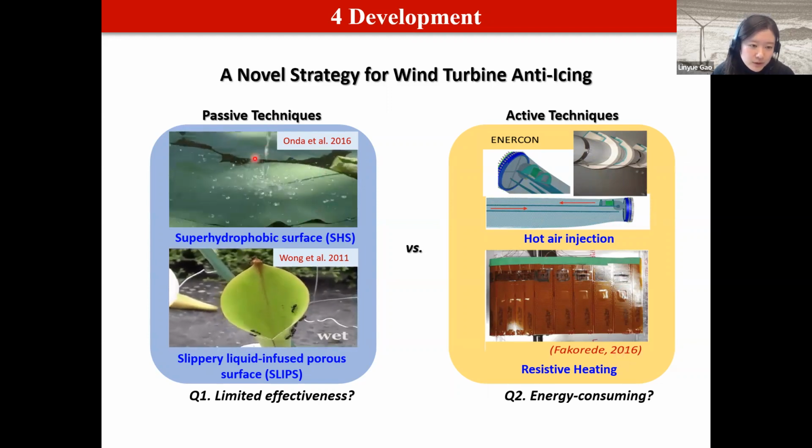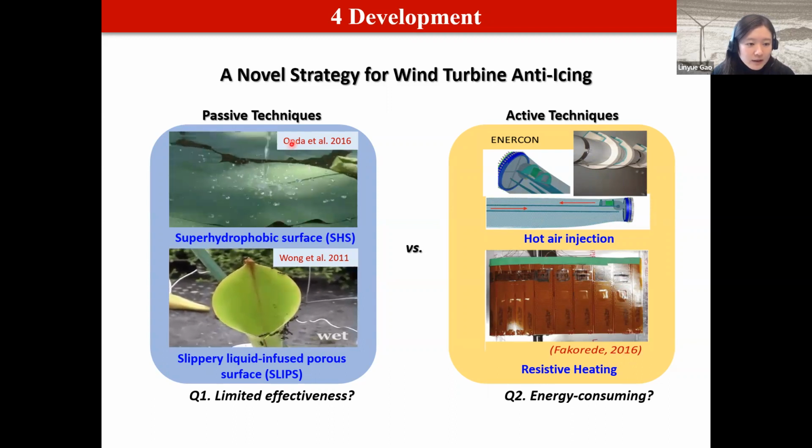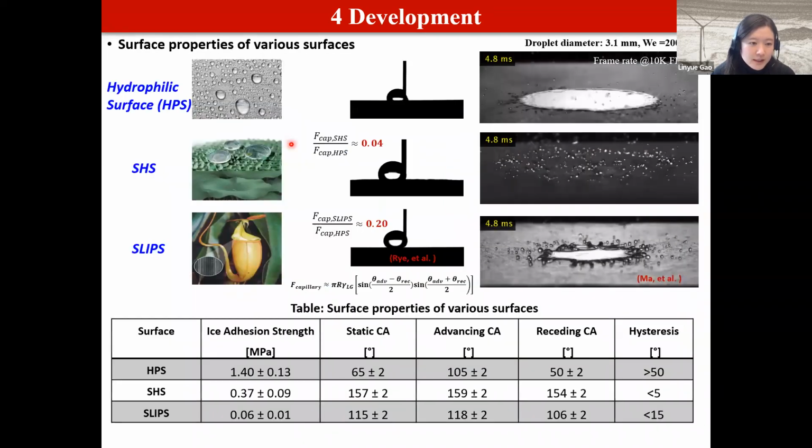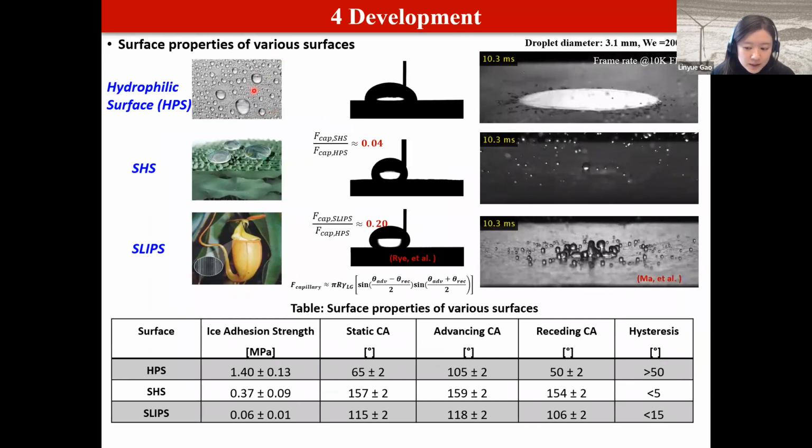So today I want to introduce you to passive techniques, especially based on coating methods. For traditional wind turbines, the surface is coated with a hydrophilic surface. So this one is the standard one.